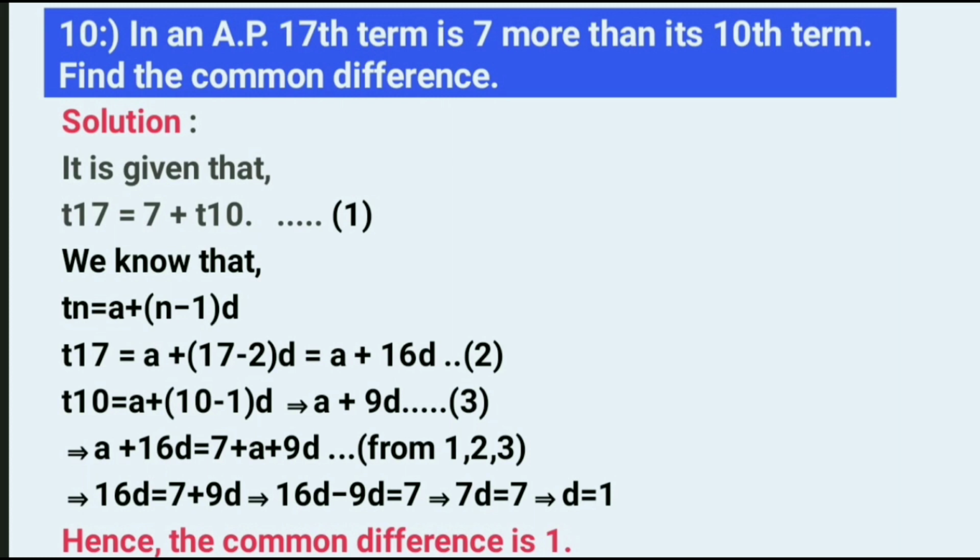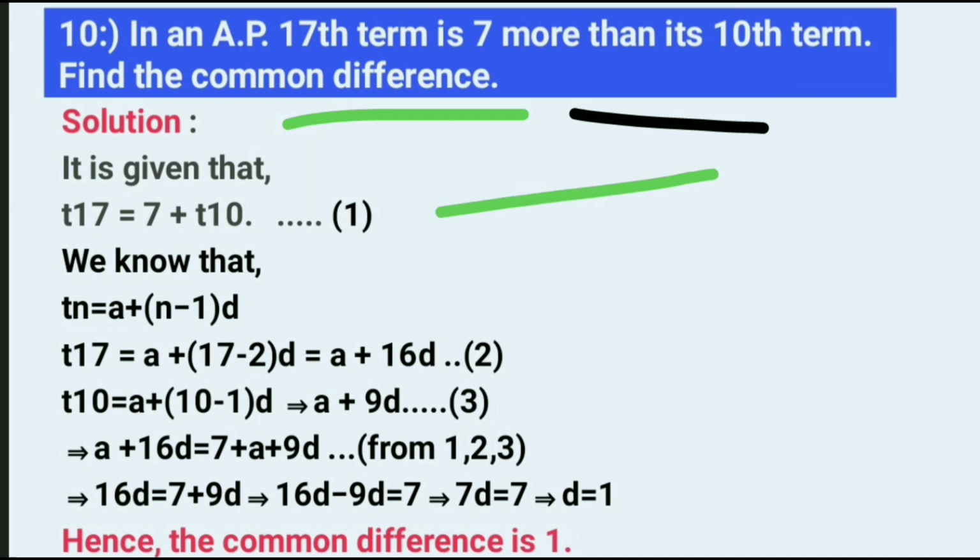Question number 10. In an AP, 17th term is 7 more than its 10th term. Find the common difference. Solution. It is given that T17 is equal to 7 plus T10.